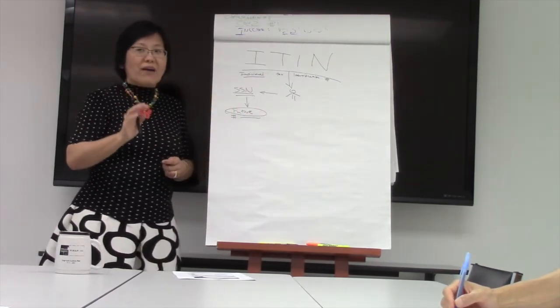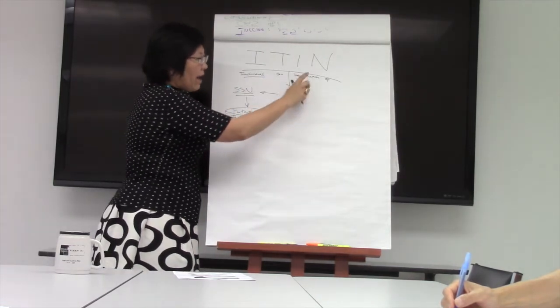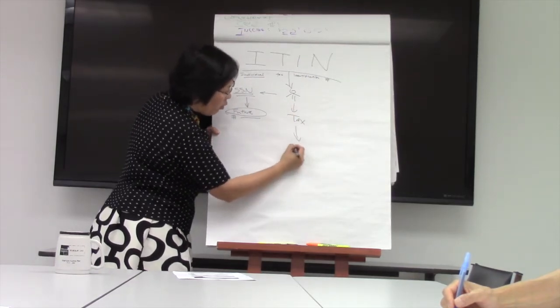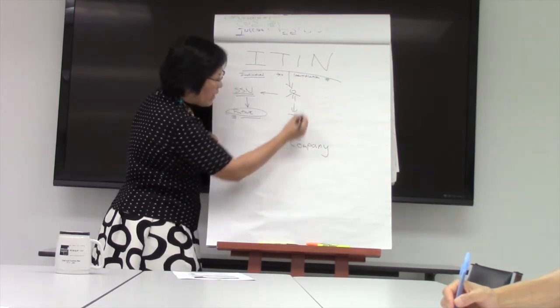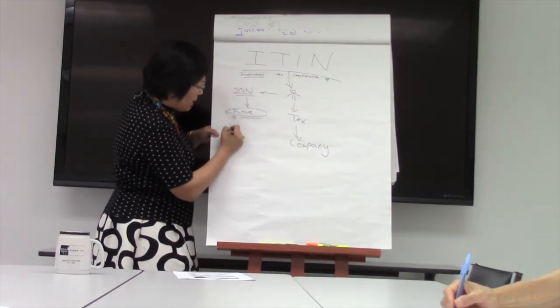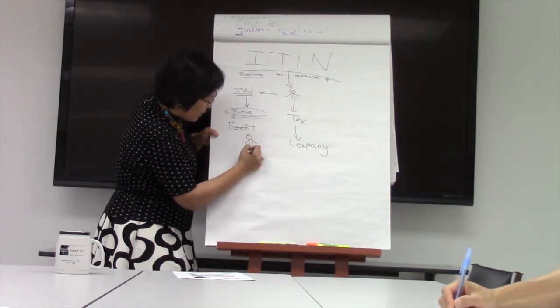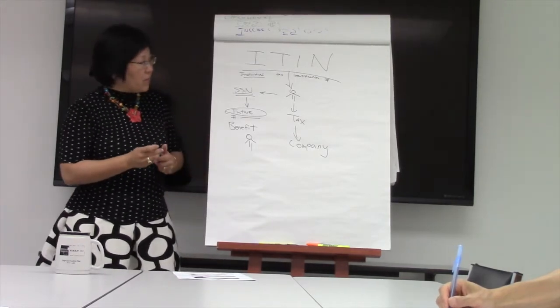ITIN doesn't have a future plan. ITIN is a number that you can use to report taxes, open a company, and do all kinds of things with it, but it doesn't save any benefit for you as a person.